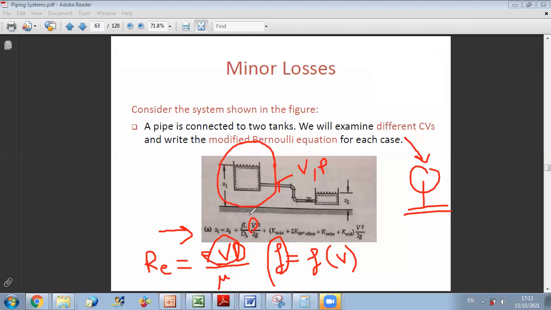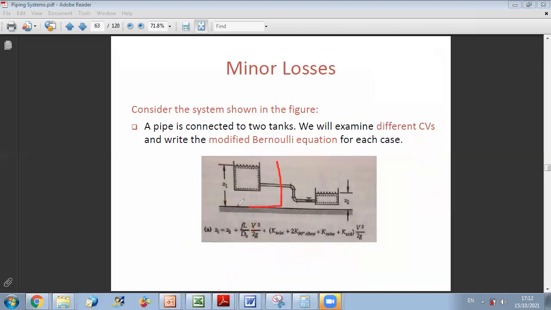Now, once you solve for V, if you are interested in getting the pressure at this level, you can take this one as the control volume. And now you apply Bernoulli from this point to this one. Let's say this is point 1, this is point 2. What will be our equation?